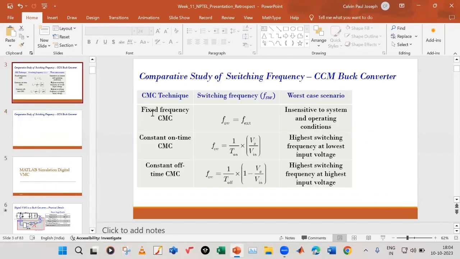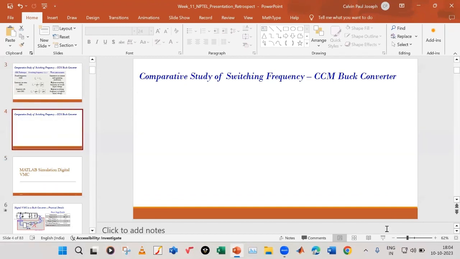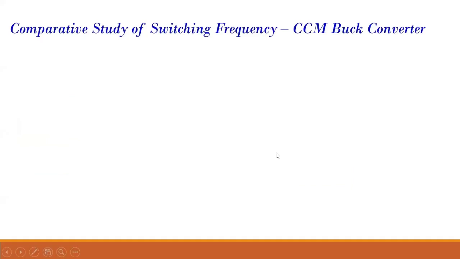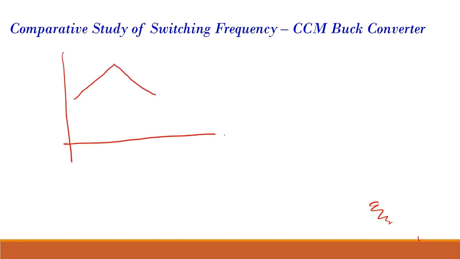So you consider constant on time. Suppose this is a waveform of your inductor current. This is your IL max. This is your IL minimum.